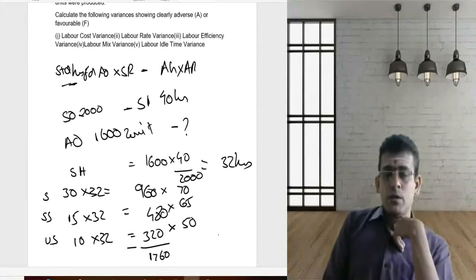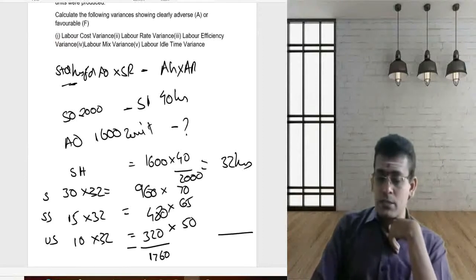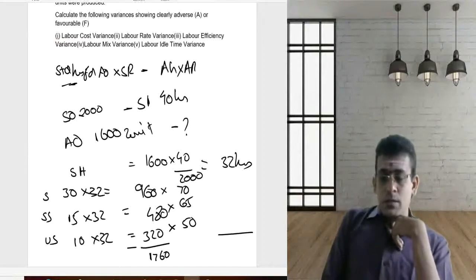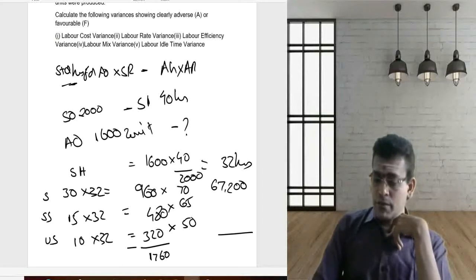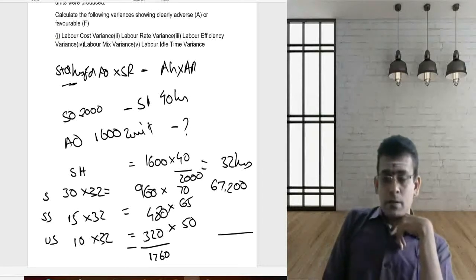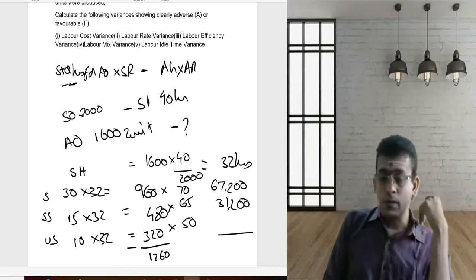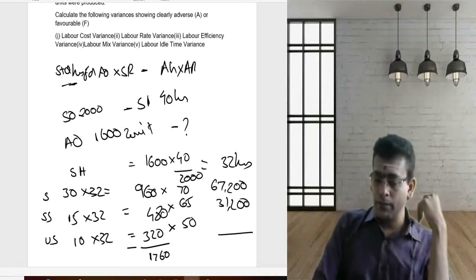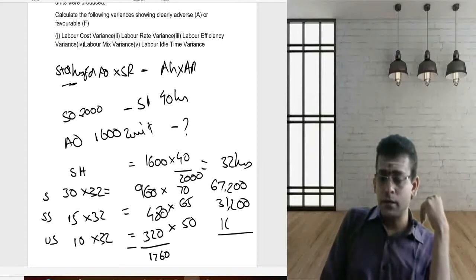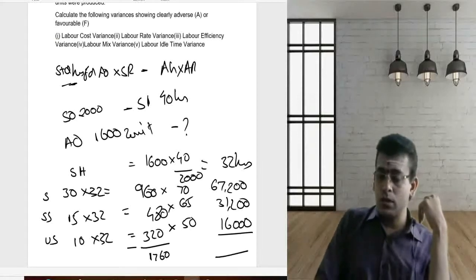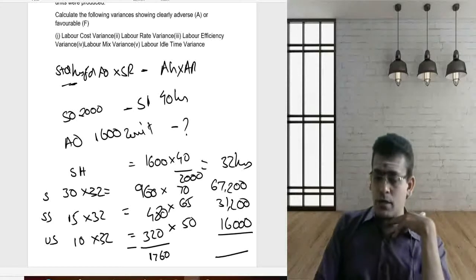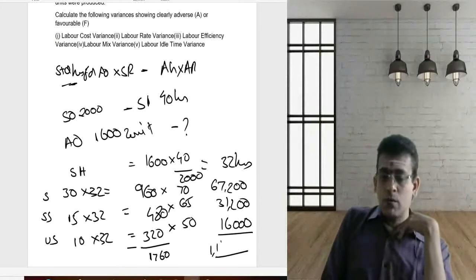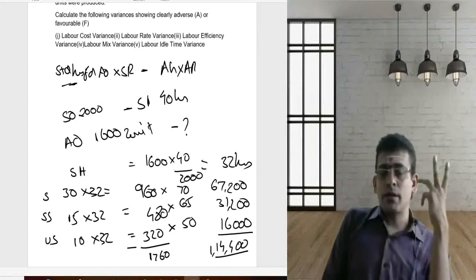So you will be getting your SR. Now let us do the total here. 960 into 70, 67,200. 480 into 65, 31,200. Then 320 into 50, 16,000. So what is the total? 16,000 plus 31,200 plus 67,200 gives you 1,14,400. So you got your standard cost.